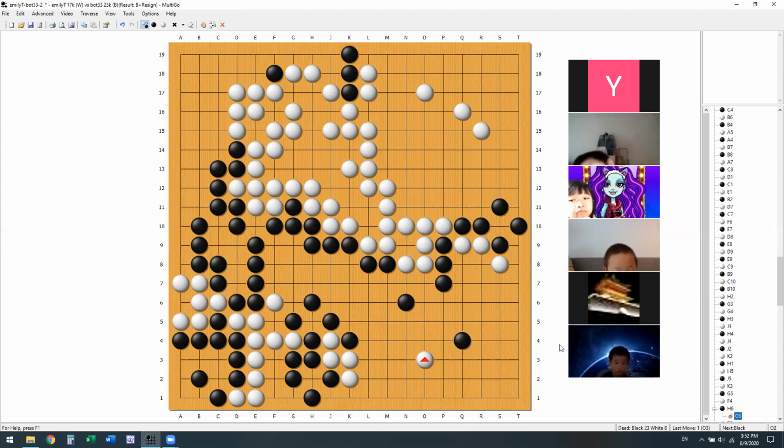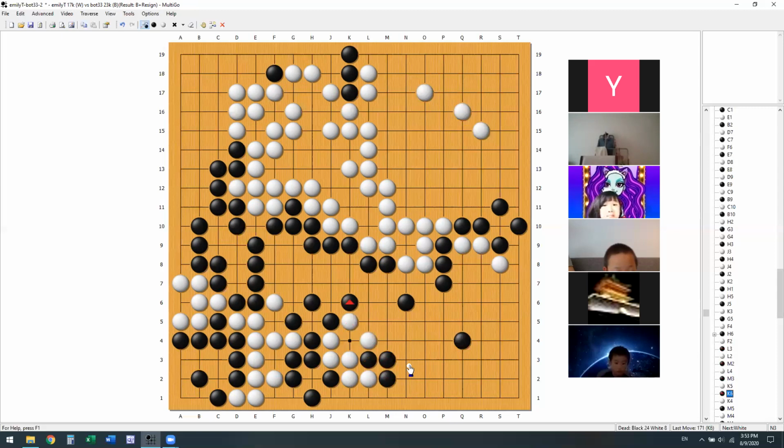Potentially you can make two eyes, but what you did in the game is go there, which is no use because these stones are already dead. Even if you go here, there's just no space at all to make two eyes, right? And yes, black is trying to reduce your territory. Okay, I know you did.